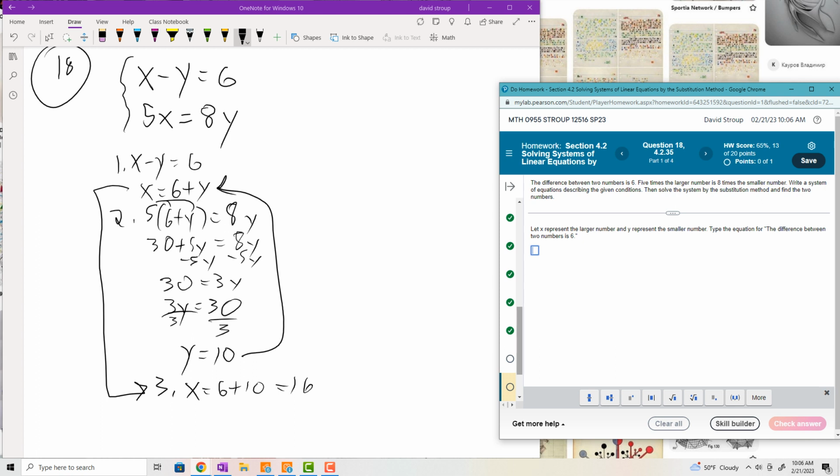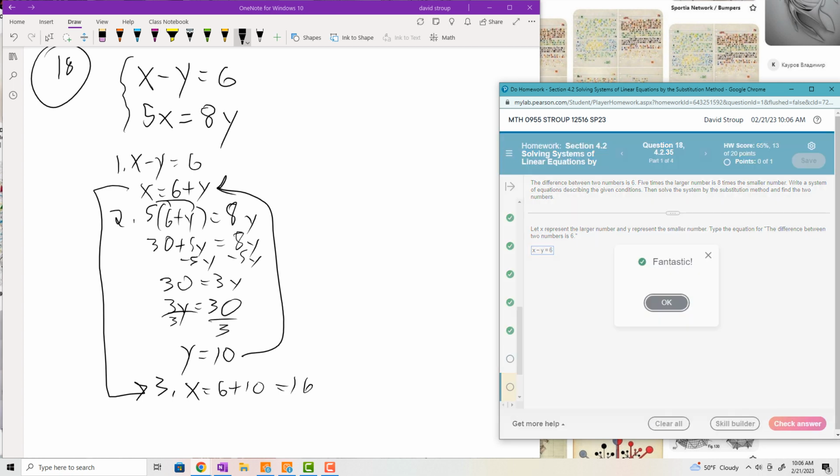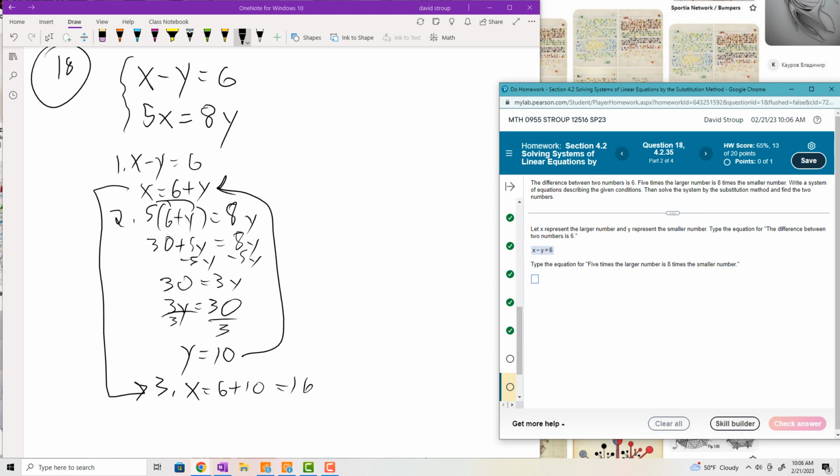Okay, so in the software you need to first write out your equations apparently. So make sure you're reading the directions. Then the other equation.